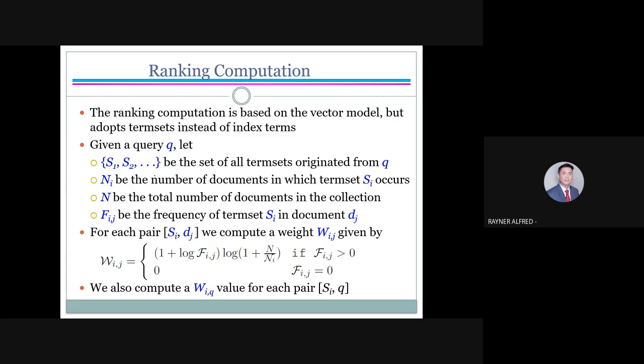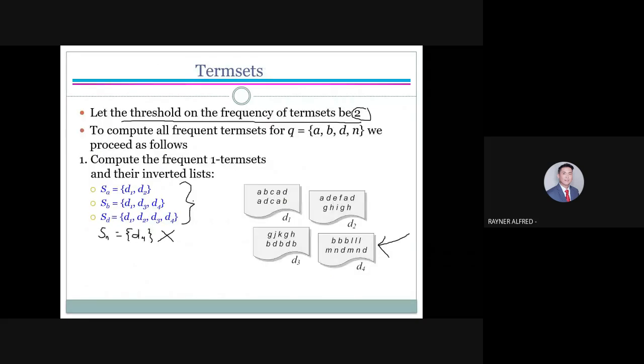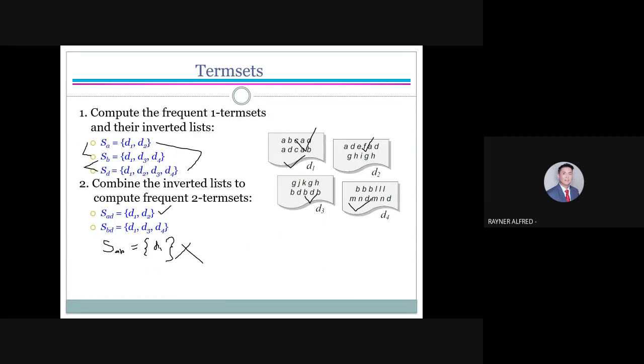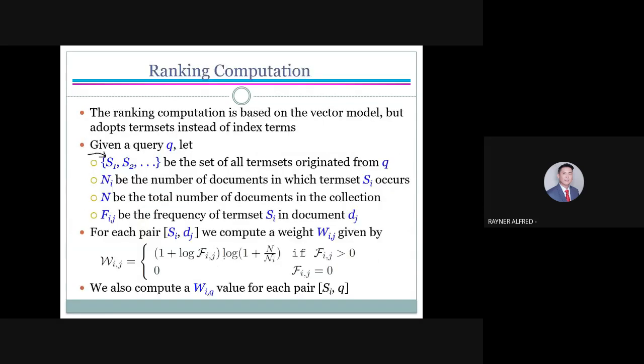So for that reason, given a query, we are looking at all the possible term sets that we have. Given this query and this threshold, we find that we have 5 term sets. If we go back to this definition and use the same query from before, ABDN, how many term sets do we have here?